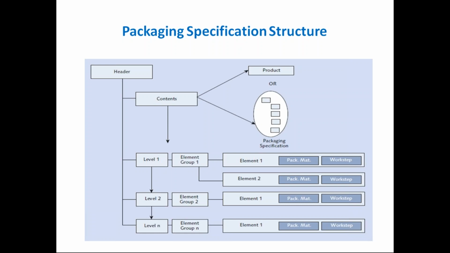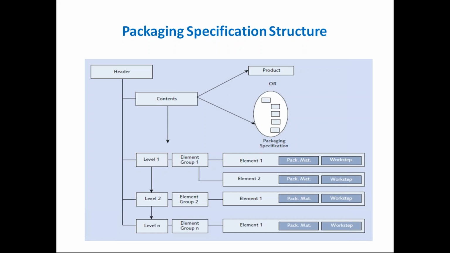At that level, we form some element groups. This terminology is a little confusing, but it is very easy to understand once we do the transactions. For the first level, I want to cover with polythene and press with a punching machine.